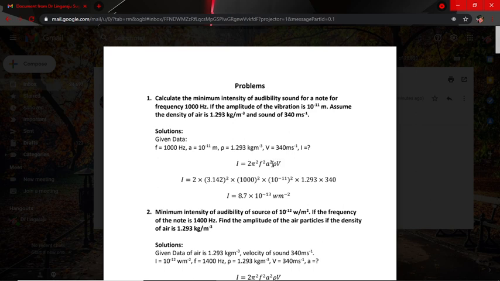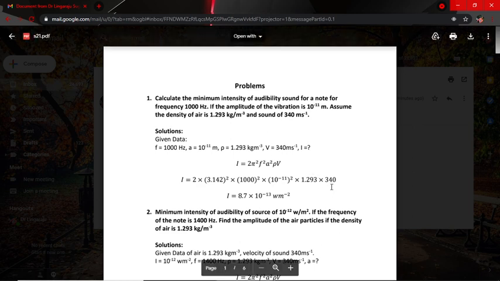We have to substitute all these values to find the minimum intensity, that is I. I is equal to 2 into pi square, where pi is the constant 3.14, into f square, 1000 Hz squared, into a square, the amplitude given as 10 to the power of minus 11, squared, into rho, the density of air, given as 1.293, into v, the velocity of sound, 340.